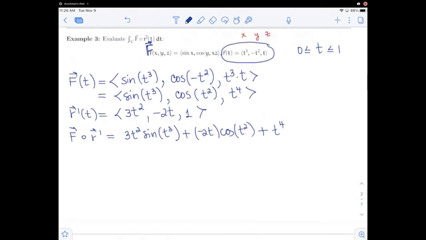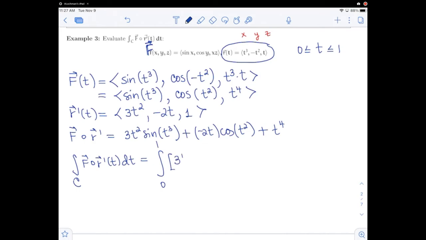Now we can set up our integral. The line integral of this vector field is going to be the integral from 0 to 1 of 3t squared sine t cubed minus 2t cosine t squared plus t to the fourth dt.